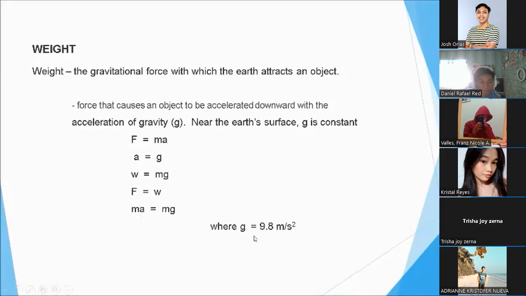And so that is why G has a constant value of 9.8 meters per second squared, or 32 feet per second squared. All right, so those are the two values because 9.8 meters per second squared is the SI value for G, and 32 feet per second squared is the English or British value, okay, for G, right?